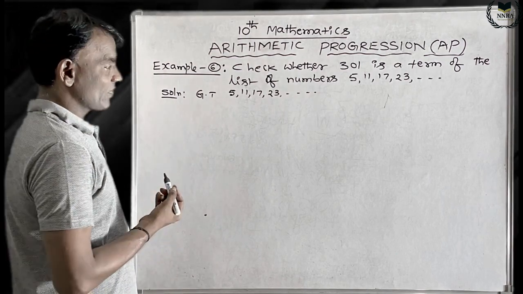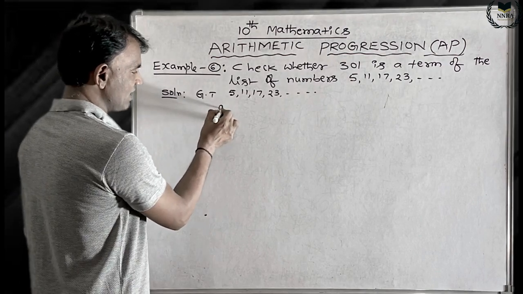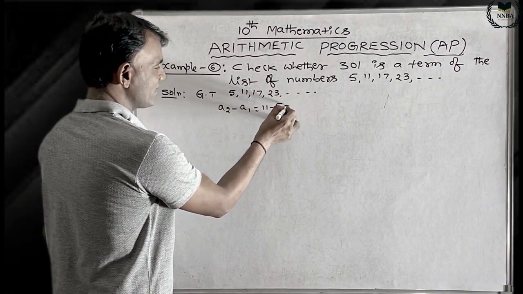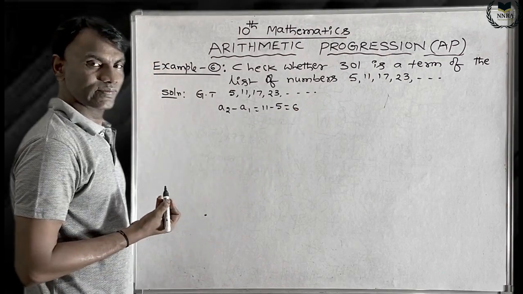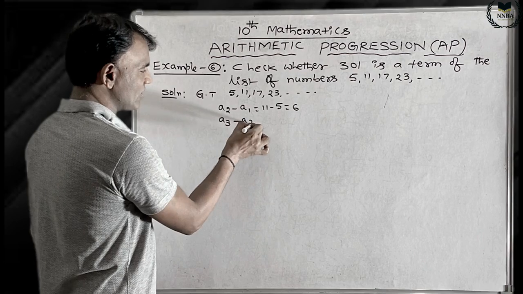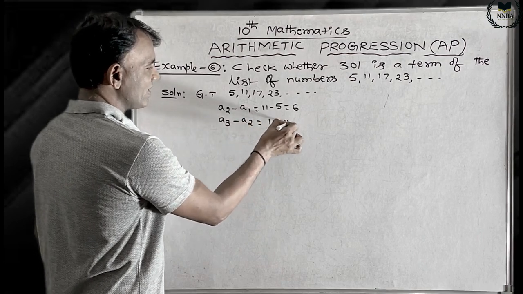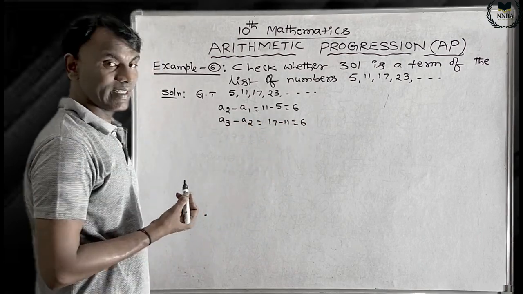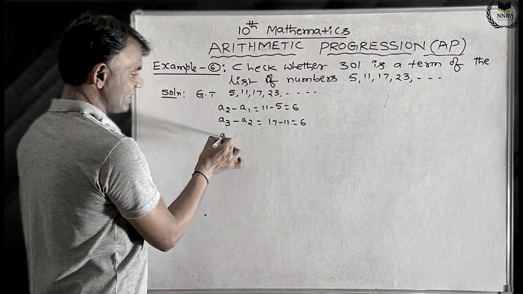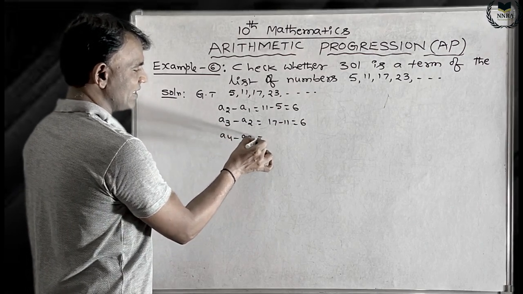So now do one thing, write directly a2 minus a1, 11 minus 5 equal to 6. Again find a3 minus a2, that is 17 minus 11, it is also equal to 6 only. Now we'll find one more value, that is a4 minus a3.